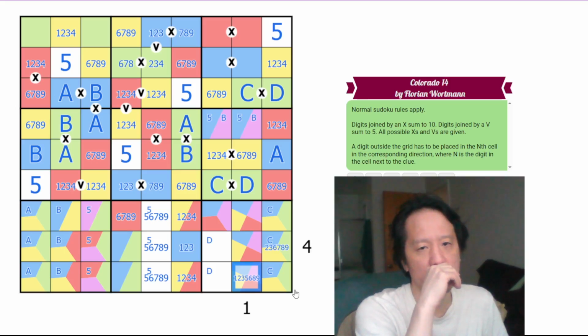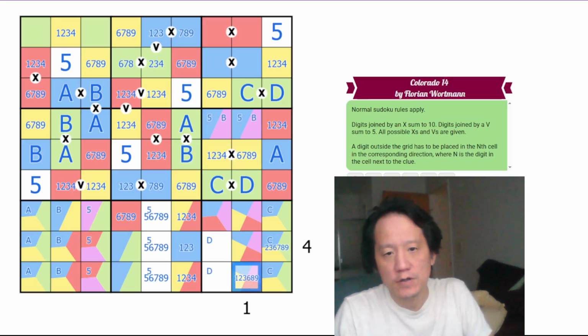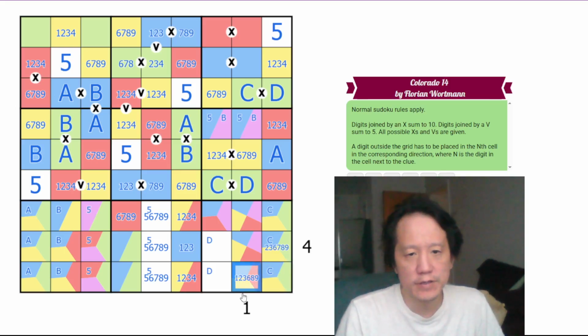Interesting. The 1 cannot be in 5. So this cannot be pink. This is blue, yellow, or red. That's interesting.